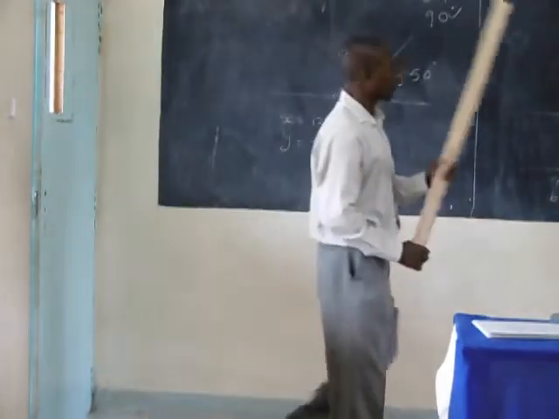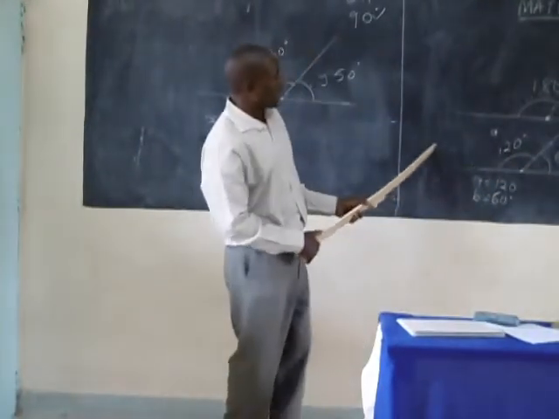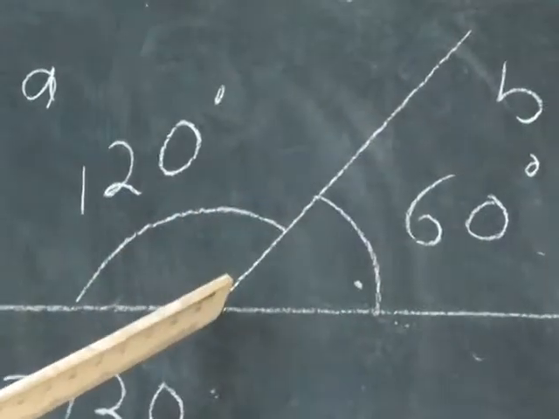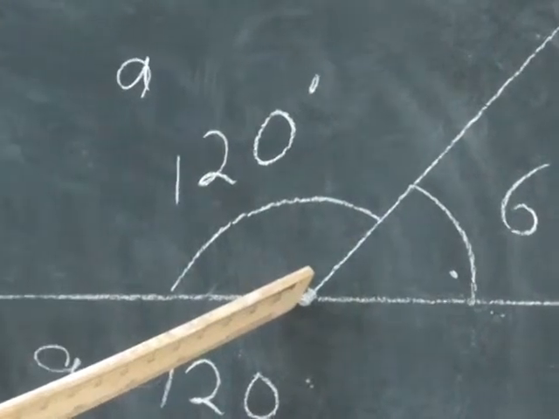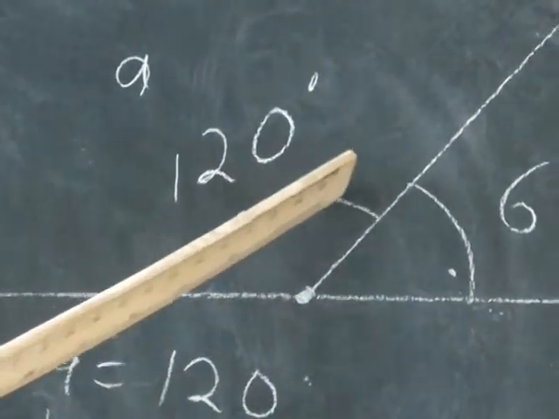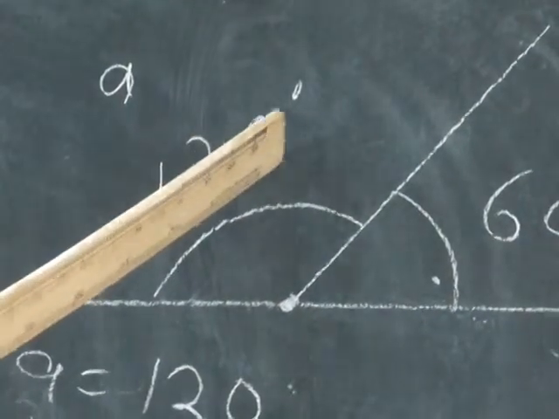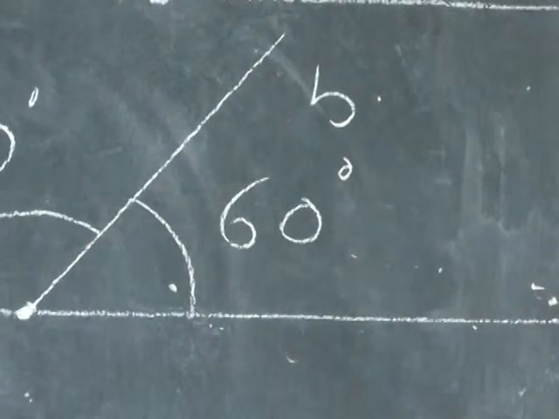Also, in your construction, you drew a straight line, marked a point, and drew a line at the point at an angle. If you measure it, the larger side becomes 120 degrees and the other side is 60 degrees.